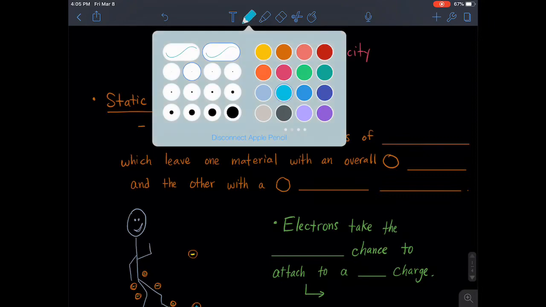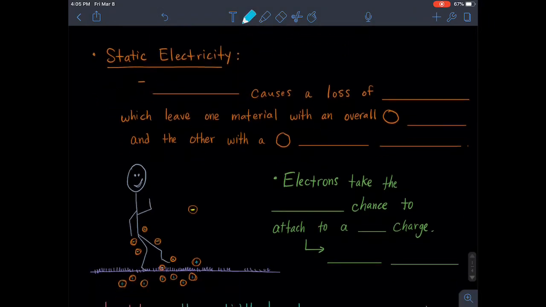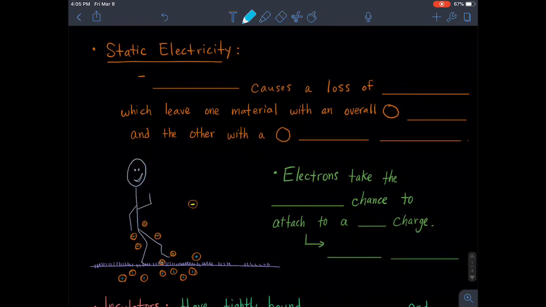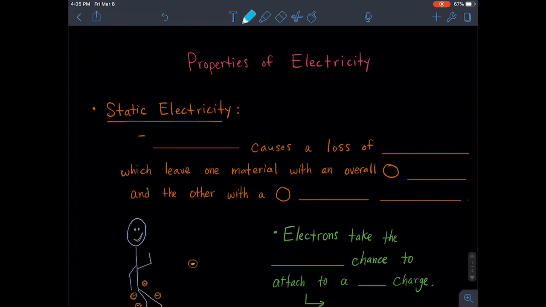All right, so let's figure out a color here, and let's use some teal. So properties of electricity, like I said, we're going to start with static electricity. Static electricity is when friction, or two substances or surfaces interact with each other and roll across each other, it causes a loss of electrons. Remember those things we talked about in the micromagnetism video?